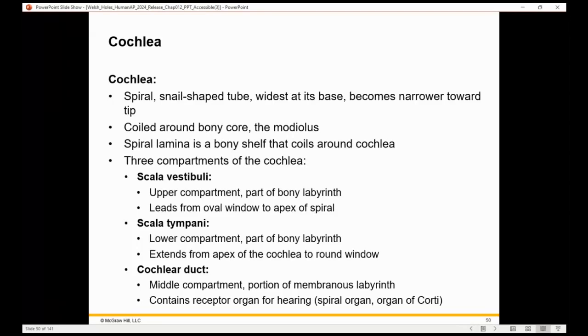And there are three compartments of the cochlea: the scala vestibuli, which is the upper compartment and part of the bony labyrinth, which leads from the oval window to the apex of the spiral; the scala tympani, the lower compartment, which is also part of the bony labyrinth and extends from the apex of the cochlea to the round window; and the cochlear duct, the middle compartment, a portion of the membranous labyrinth. It contains receptor organs for hearing, like the spiral organ, or organ of Corti.